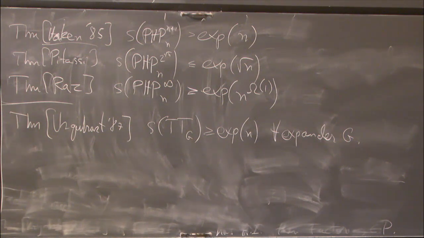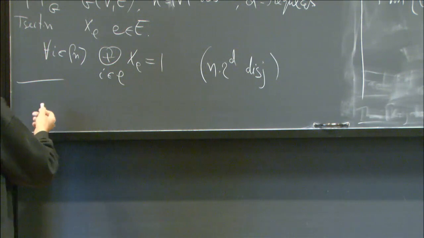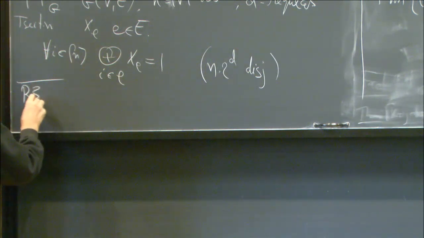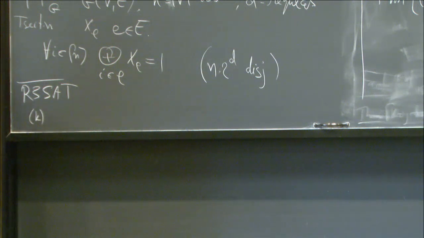And the third one is simply random 3-SAT. And you can put random k-SAT if you want. So what are the axioms in the random 3-SAT? It's just a random collection of 3-clauses, right?